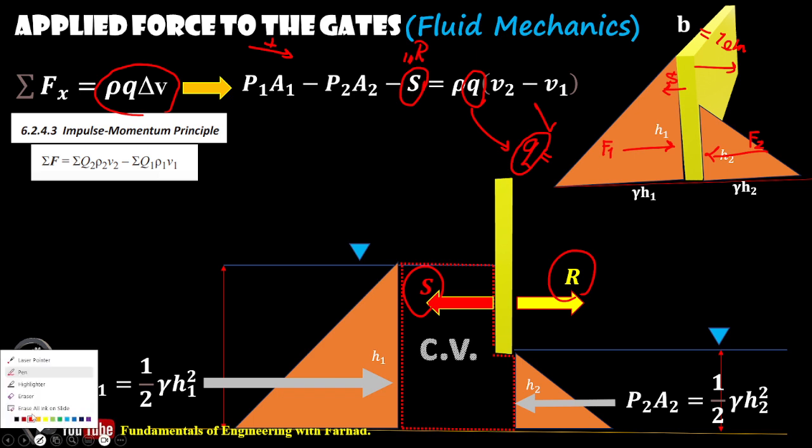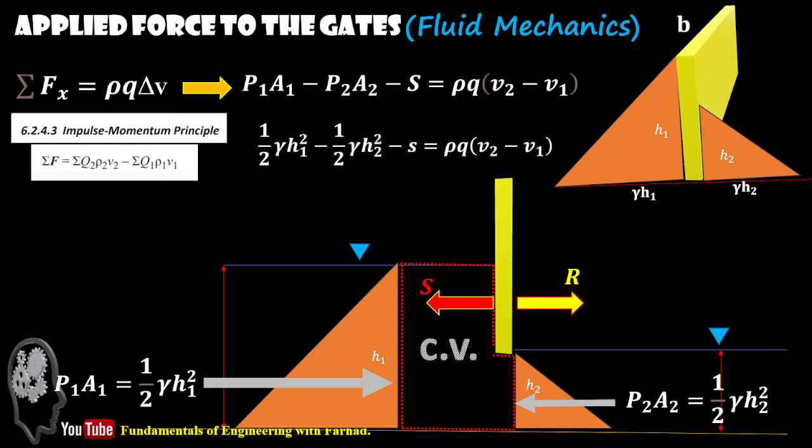So in such case, we can replace P1A1 by a half of gamma H1 squared, likewise minus P2A2 minus S is equal to rho Q, the difference between the velocity in either side of our control volume, upstream and downstream.